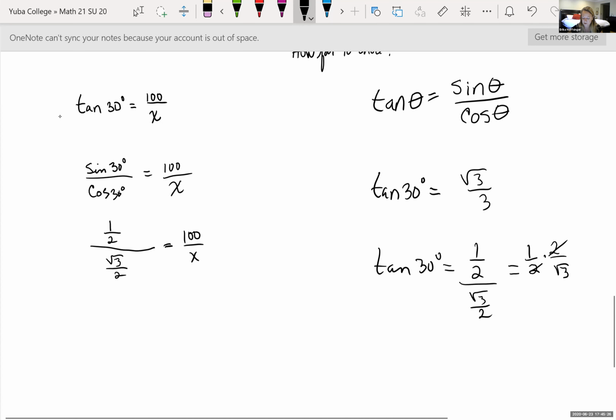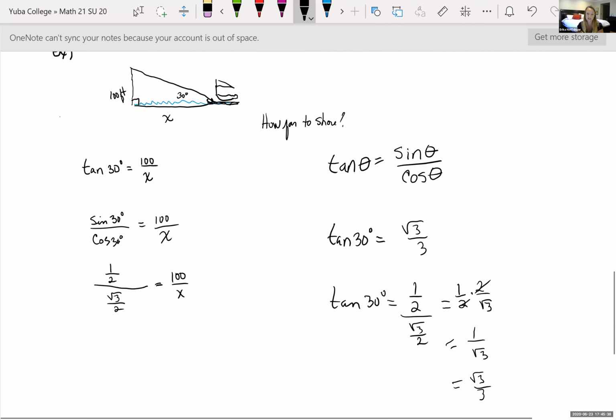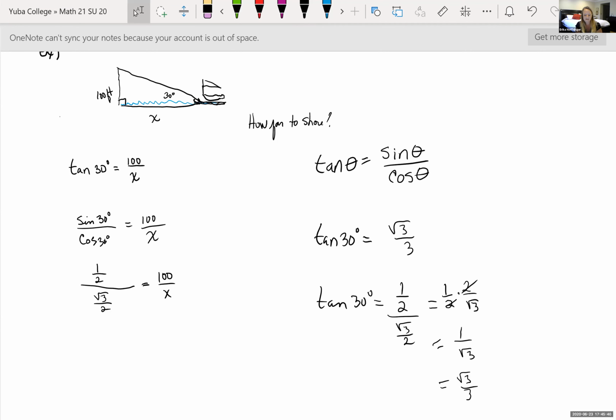So we have 1 over root 3, which is root 3 over 3. I think I mentioned this last week, for tangent, I know one of them is going to be root 3, and one of them is root 3 over 3. So 30 degrees has the 3 in it. It has the more 3's in the answer. I don't know if that helps.